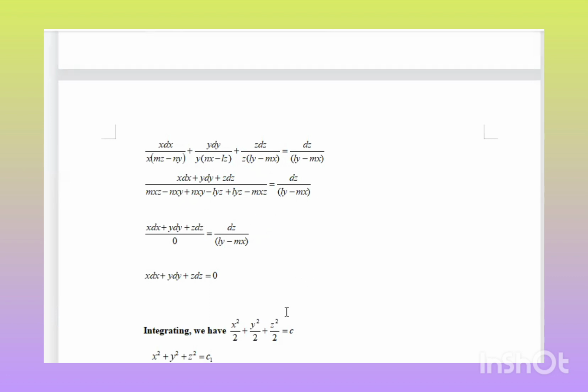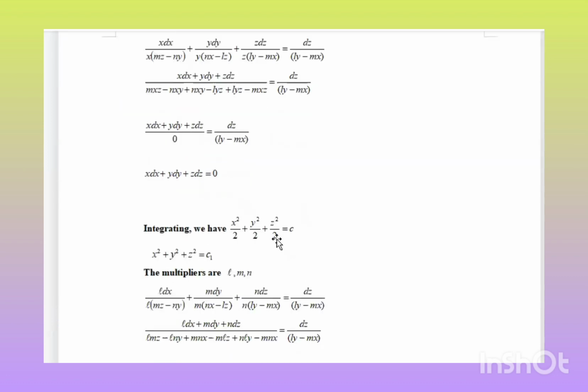Integrating on both sides, you will get x²/2 + y²/2 + z²/2 = c. So x² + y² + z² = 2c. 2c can be taken as c1 because 2c is also a constant, as I explained in the previous example.